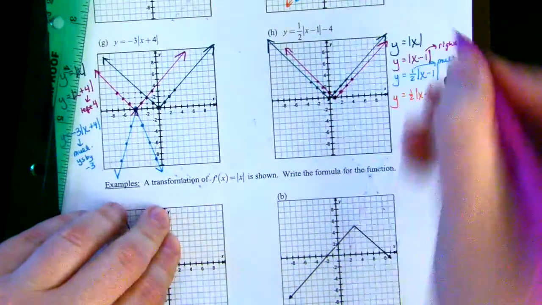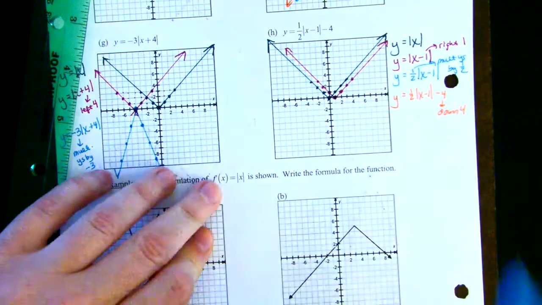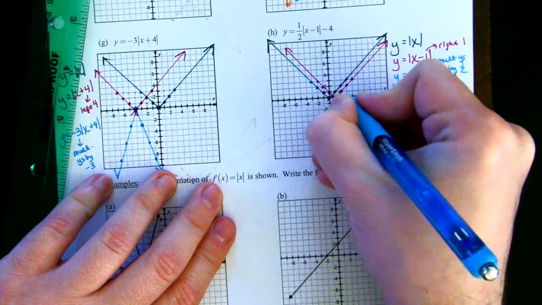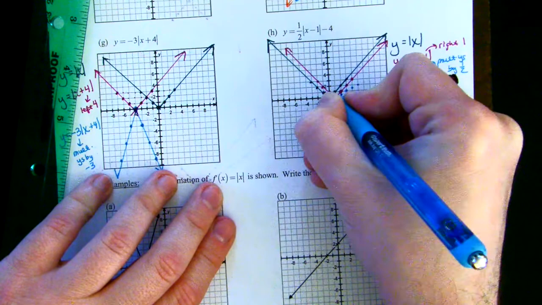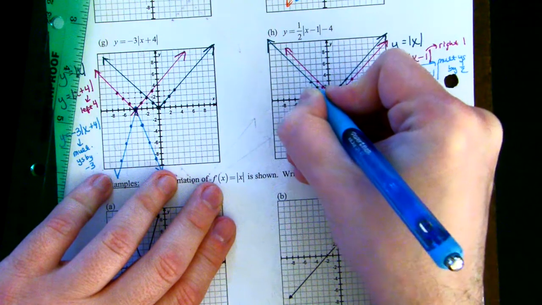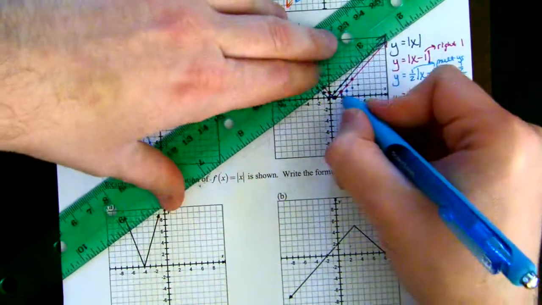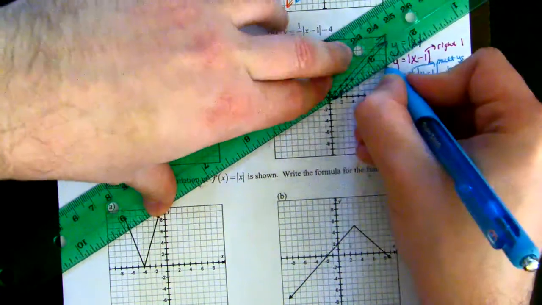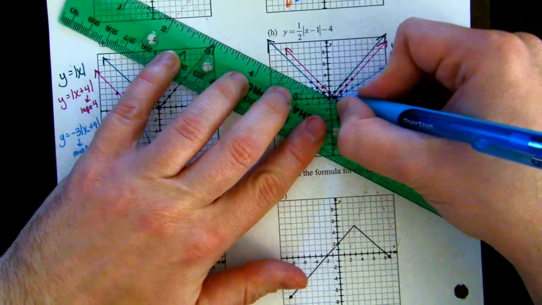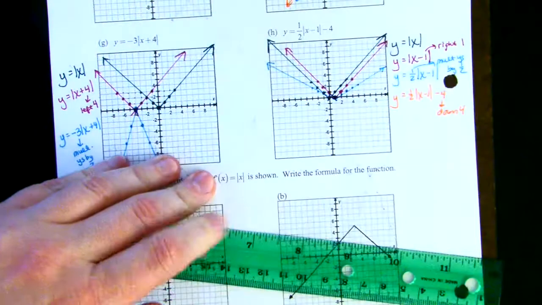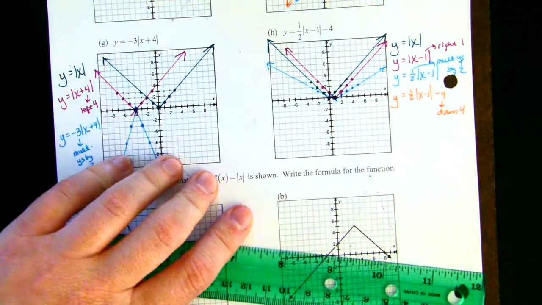So this is what I'm getting after my first step. Now I'm going to multiply the y's by a half. And then I'm going to move all those points down 4.